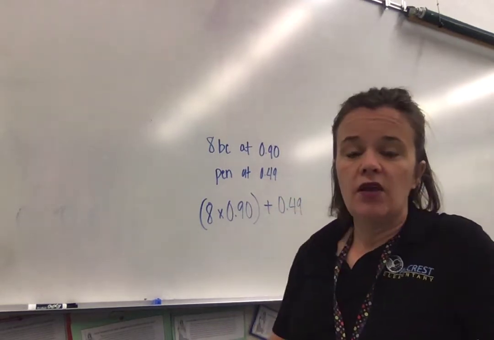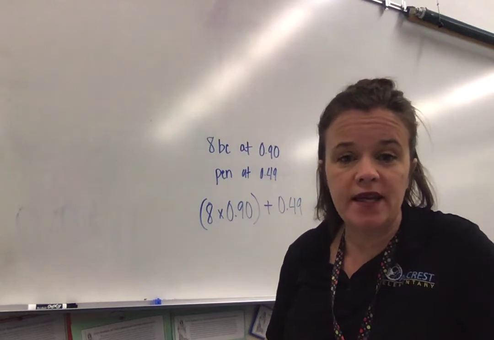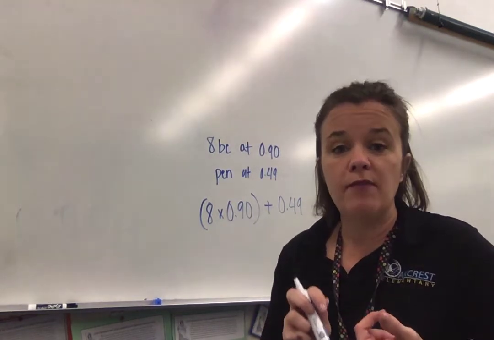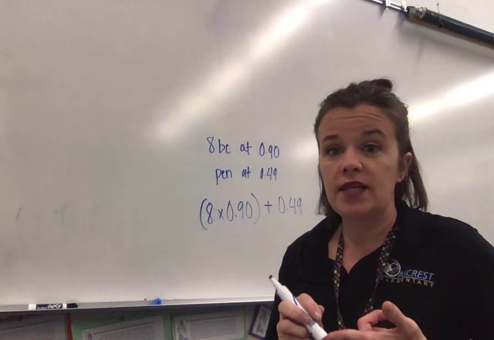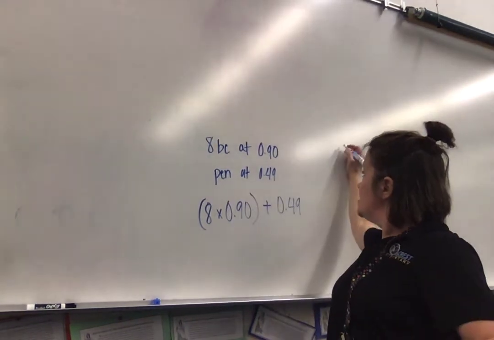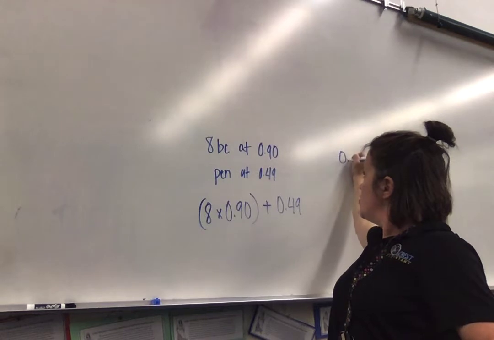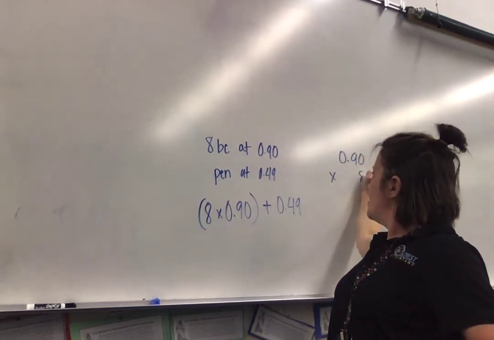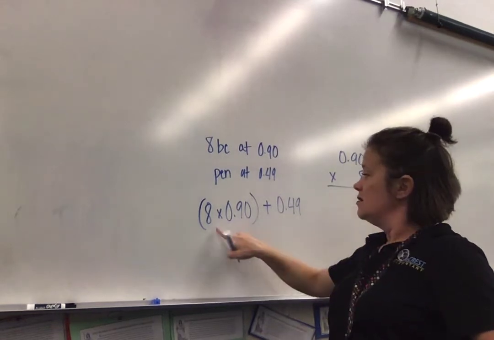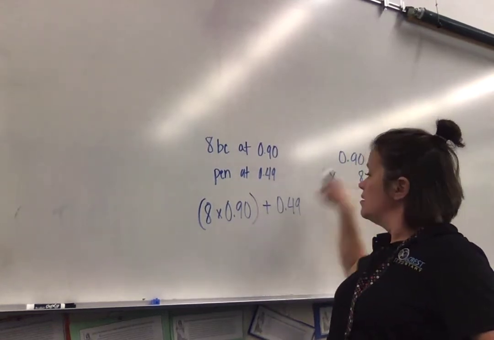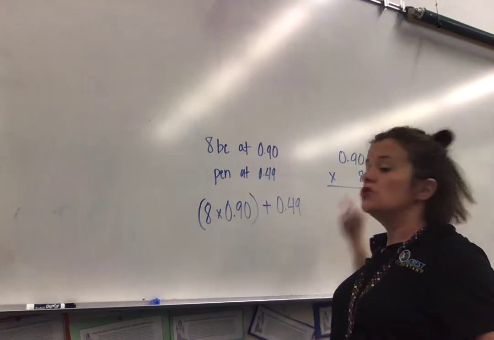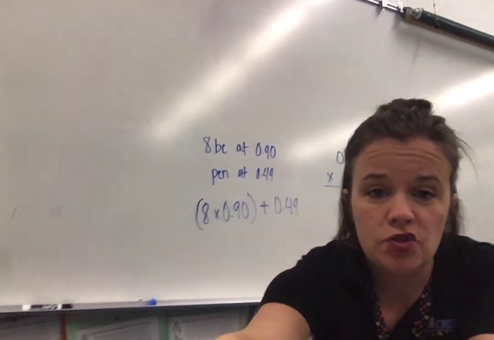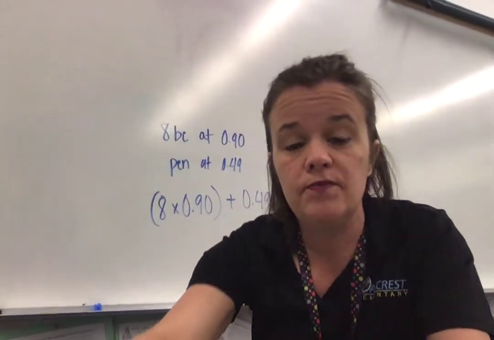Okay, so let's go back through our steps again. If I'm multiplying decimals, step 1, I write the problem and I make sure I write it down correctly. So my problem is 0.90 times 8. So I did write the problem down correctly. Step 2 is I ignore that decimal just for a minute.